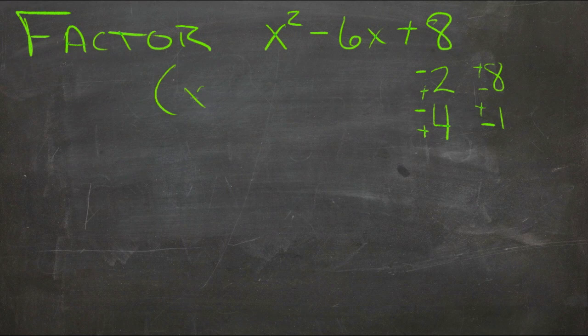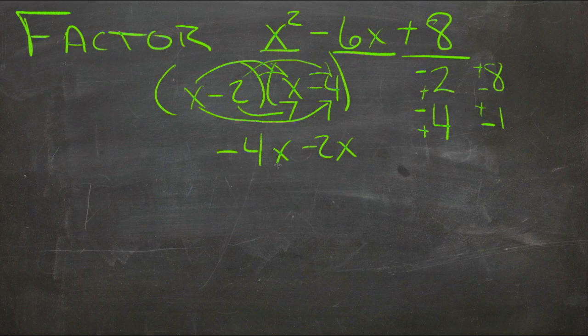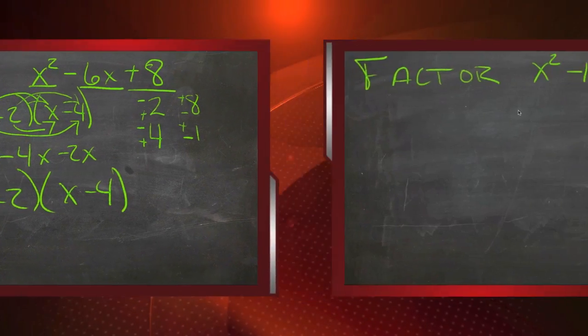So that would give us x minus 2 times x minus 4, and those two terms multiplied out, x times x is x squared, x times negative 4 is negative 4x, negative 2 times x is negative 2x, and those two combine to be negative 6x, and then negative 2 times negative 4 is our positive 8. So yeah, this factors as x minus 2 times x minus 4.